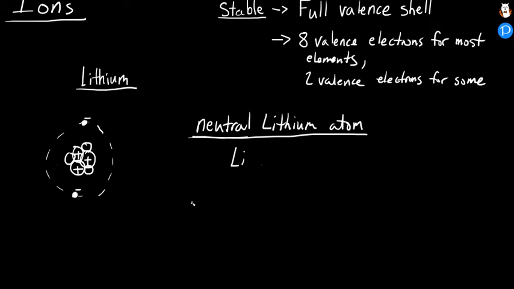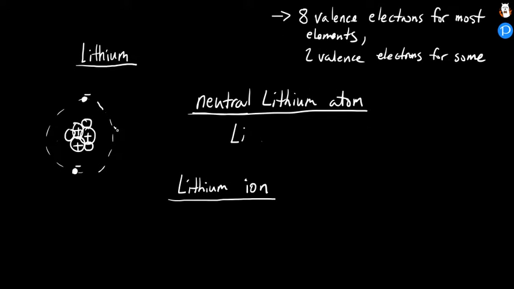And so for a lithium ion, that's what the term ion means, something that has a charge, something that either gains or loses electrons and now has an overall charge to it. This lithium ion has lost 1 electron, and so therefore it has a charge.